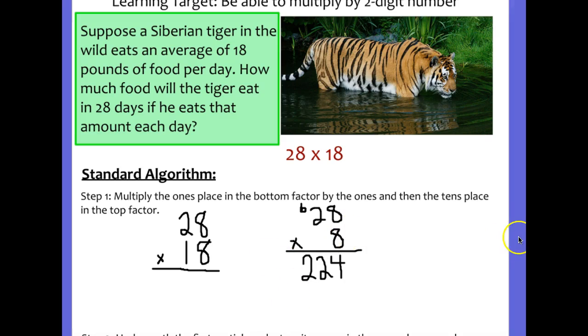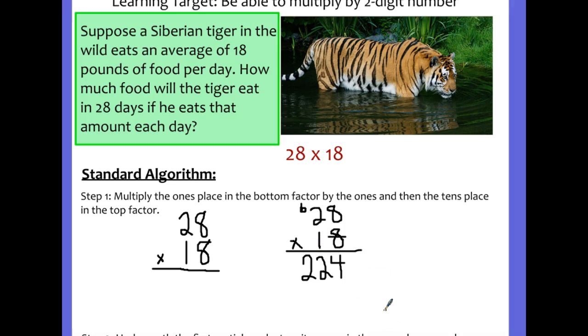All right, now here's where we have the new place value come in. So what I'm going to do is I'm going to actually cross off. Now I'm just going to put one clean line through. I'm not going to scribble it out because I still need to see that digit. However, I'm going to cross it out because I'm done using that number. I found my partial product of the ones place. Now I'm going to add in the tens place. Okay, so I'm going to put my 1 right here.